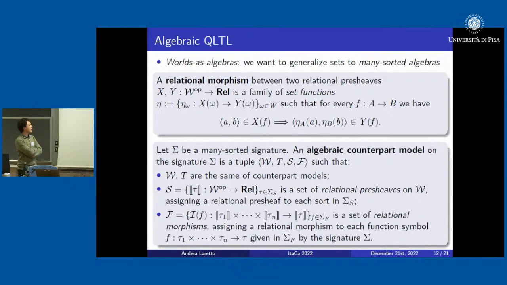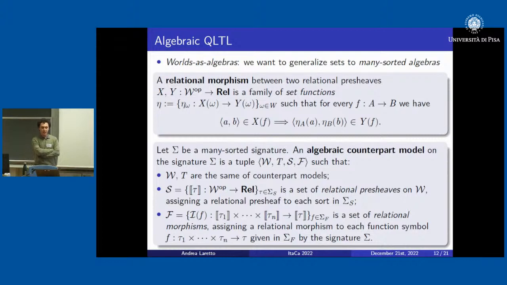Then we have a family of relational morphisms F, which gives an interpretation for each function symbol in the signature, where the function symbol is assumed to have this signature, and this is the type of the relational morphism given by the family.